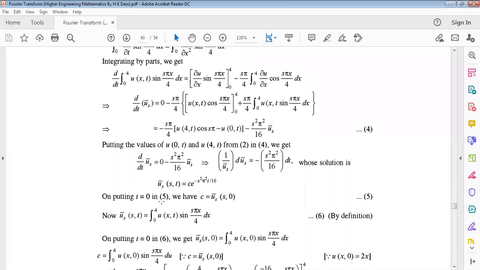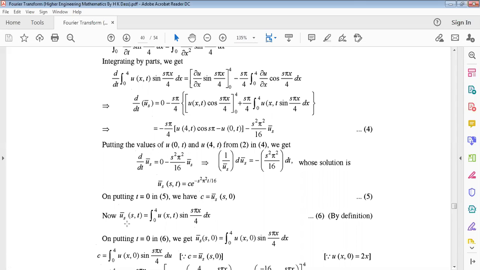Now on putting t equals 0, this will give c e to the power 0. e to the power 0 means 1, that means only c. Just putting t equals 0, this equals c only, because e to the power 0 equals 1. Now c equals this one.